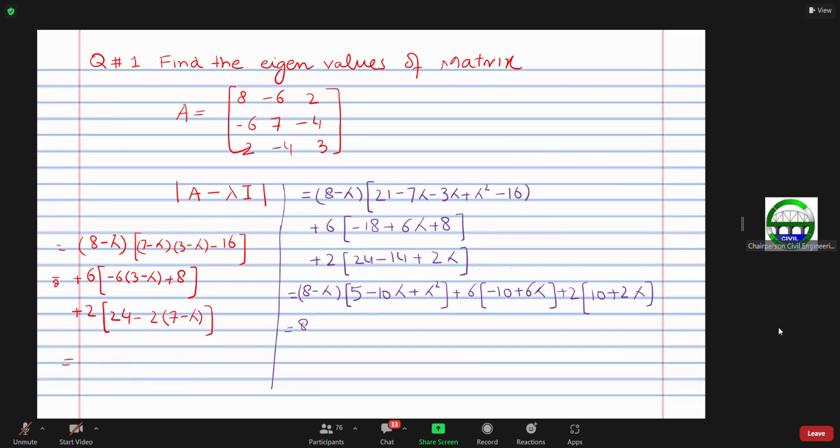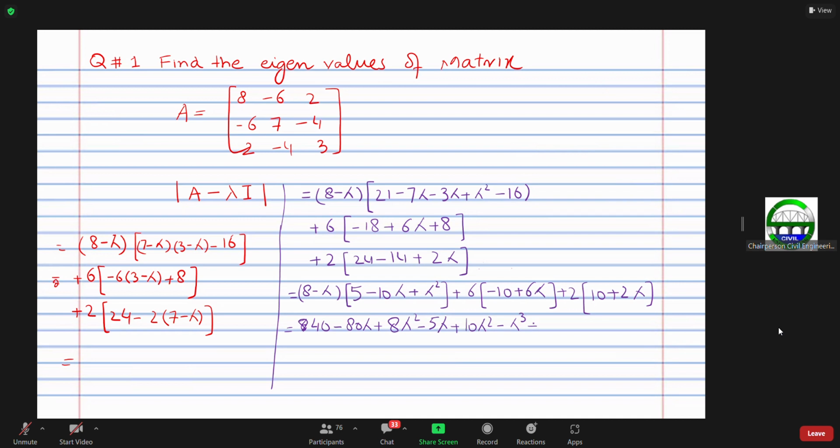Okay, so multiply it with what is inside, so let's say 40 minus 80 lambda plus 8 lambda squared, minus 5 lambda plus 10 lambda squared, minus lambda cube.